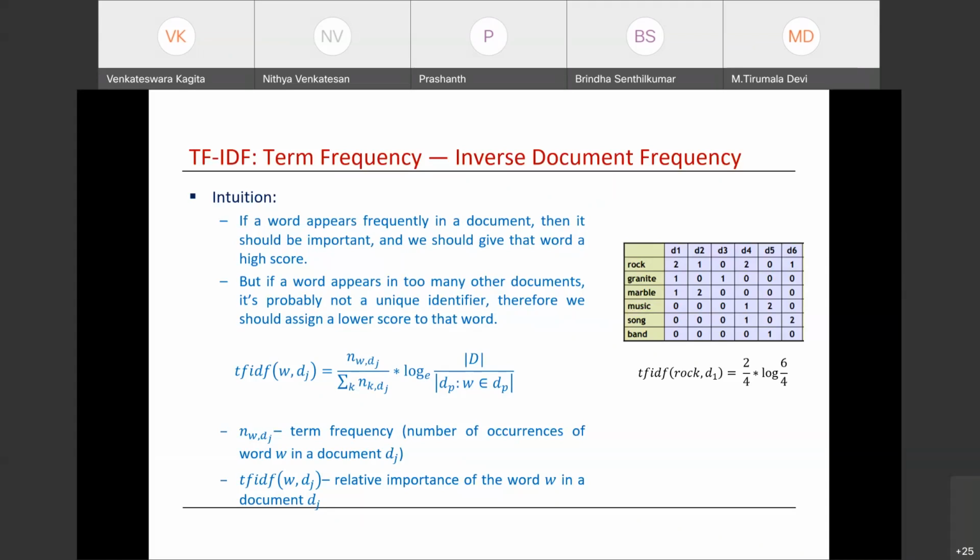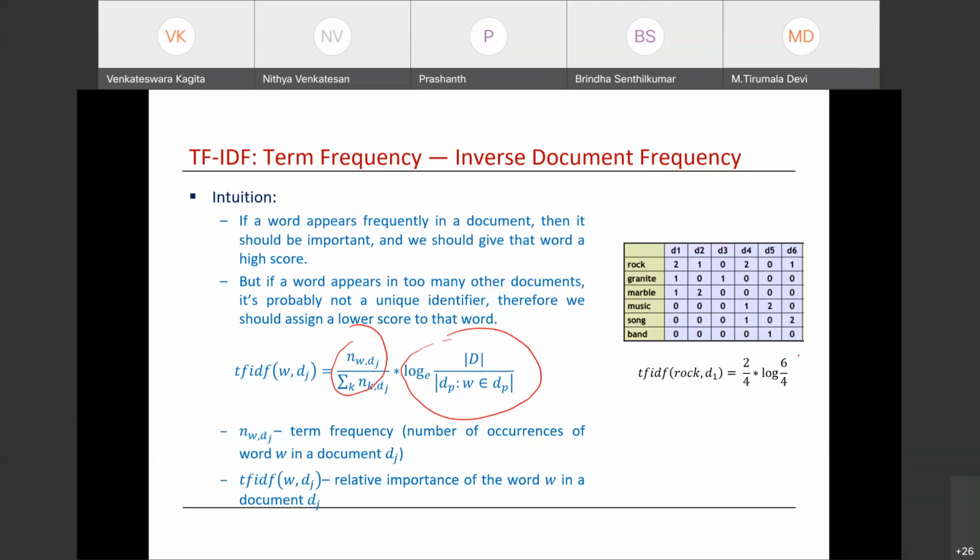Term frequency is the number of times the word has appeared in the document, and inverse document frequency is the reduction of the importance of a word which is appearing in all the documents. So this is term frequency, the number of occurrences of a word in the document dj, and this is inverse document frequency, which gets low if the word belongs to a large number of documents.